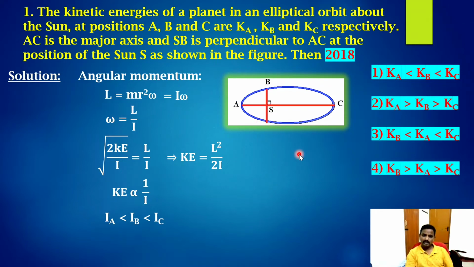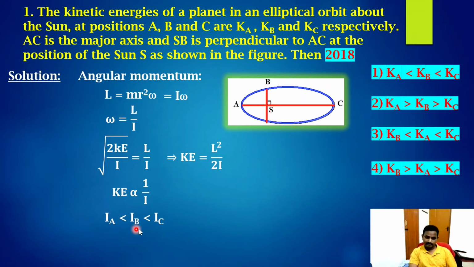At position A, r is less from the Sun, so compared to B, moment of inertia at A is less. Like that, compared to C, at position B moment of inertia is less. Why? Because C is at more distance from the Sun.